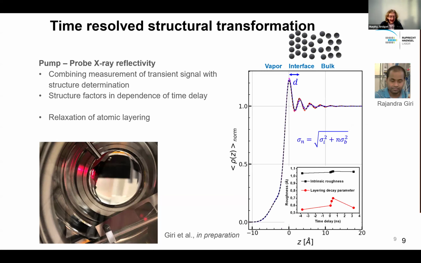And again, it's really hard to describe exactly what's going on, but if we use the distorted crystal model and look at the intrinsic roughness over this time delay, we can argue about whether it's constant or whether there's a slight increase.